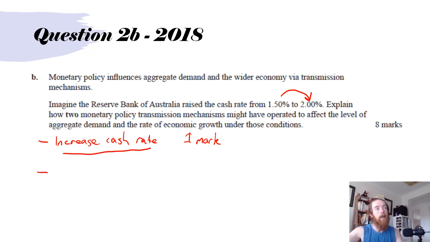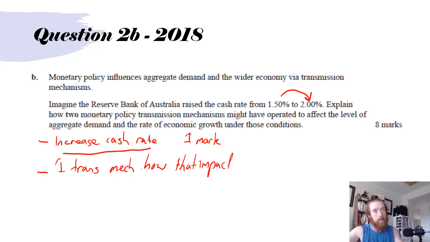Then you're going to get 3 marks for each transmission mechanism. So 1 transmission mechanism, how that impacts aggregate demand. So you talk about how it impacts the components of aggregate demand, then how it impacts aggregate demand overall. That's going to get you your next 3 marks.